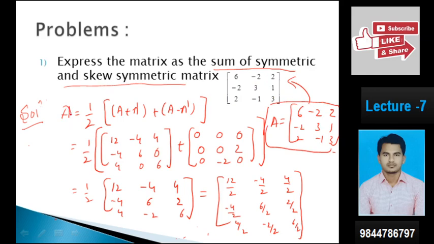That's why the given matrix has been expressed as the sum of symmetric and skew symmetric matrices. Okay, let us go with the next example.